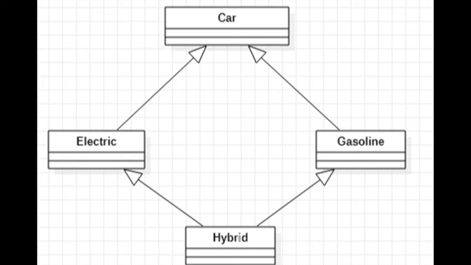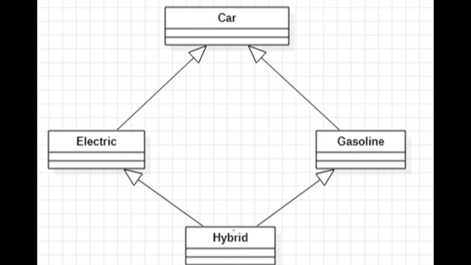If we try to extend or inherit these two classes, then Hybrid will inherit Electric as well as Gasoline. But the problem is that both these classes are inheriting a single class, which is the Car class.